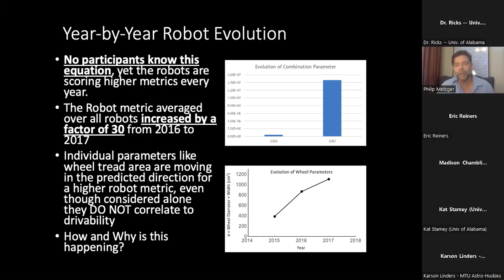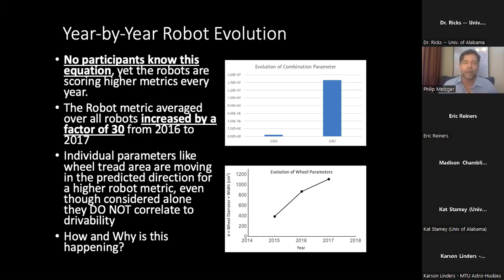Like wheel tread: I'm going to show you that a wider wheel tread is more beneficial, but if you just look at wheel tread alone, you won't see that correlation. But look, from 2015 to 2016 to 2017, the wheel tread area was increasing year by year, which means it was moving in the right direction, even though the individual component statistics can't prove this.